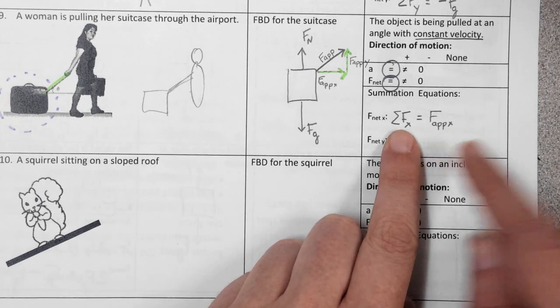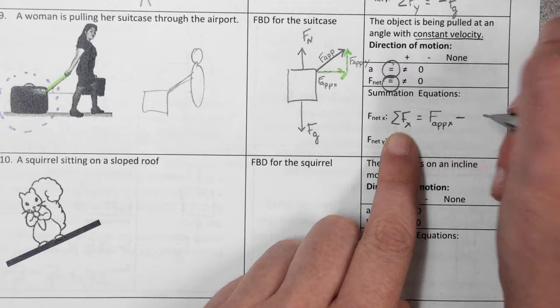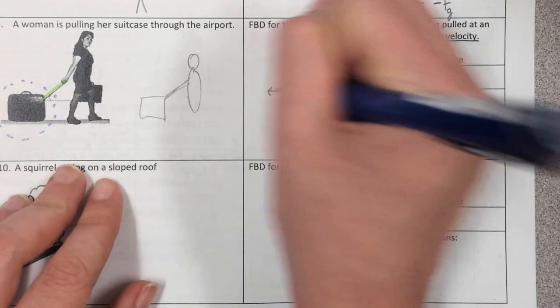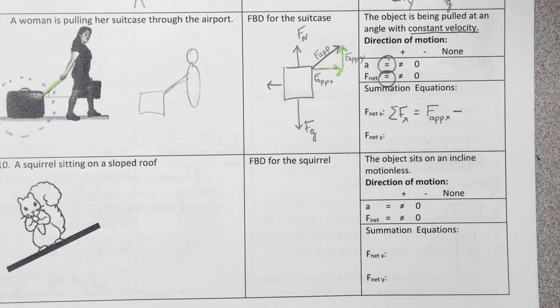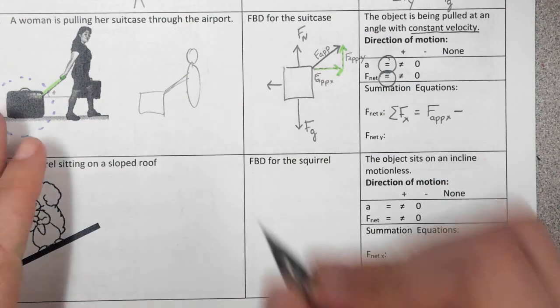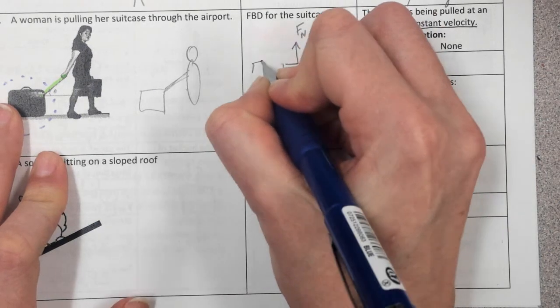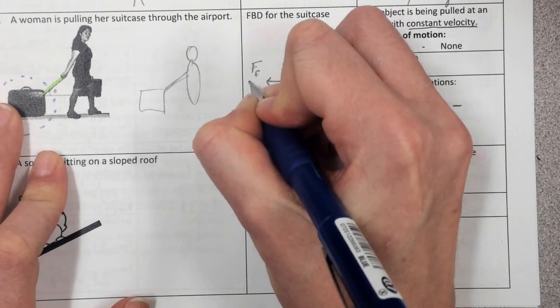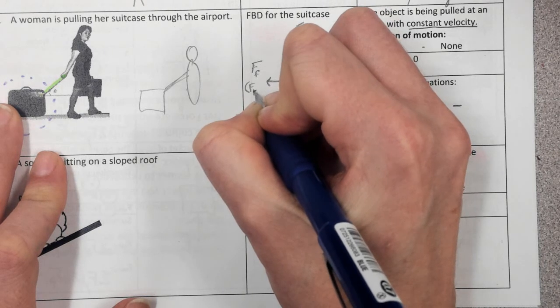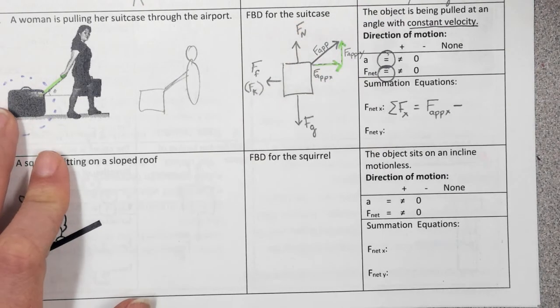So we know there has to be something in the other direction that's keeping it from accelerating. What's keeping it from accelerating? Friction. And if you wanted to be picky, it's sliding, so it's kinetic friction.